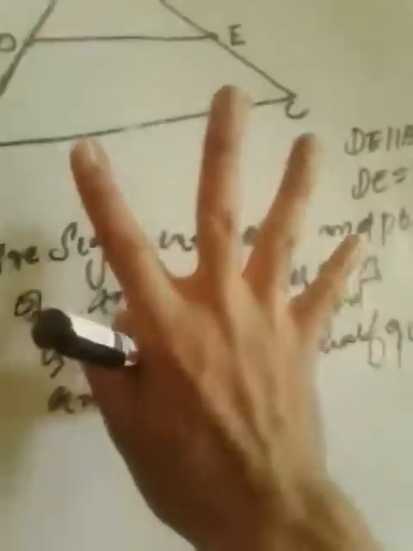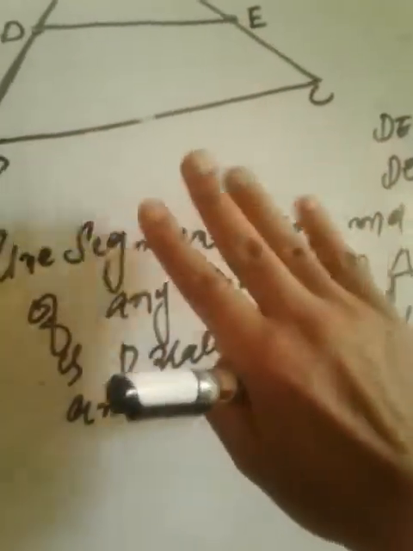The line segment joining the midpoints of two sides of a triangle is parallel to the third side and is equal to half of it. This is the statement. So you have understood the statement very well.